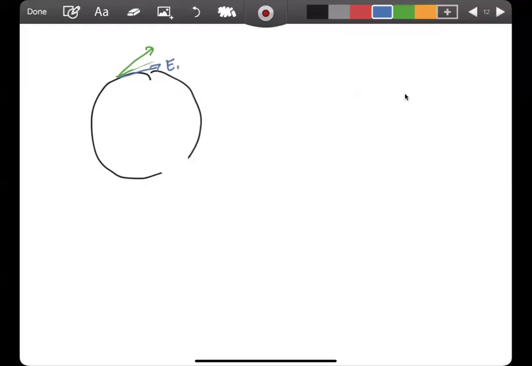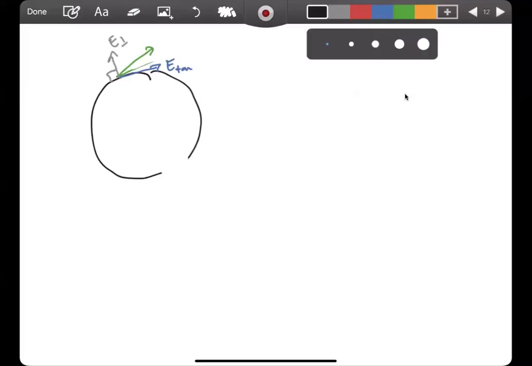So this is my tangential component. And then there would also be then a perpendicular component of the electric field in this direction. So this is E perpendicular. Now, what would happen then is that the tangential portion of the electric field would then cause a tangential force, which means that I'm going to feel a torque.